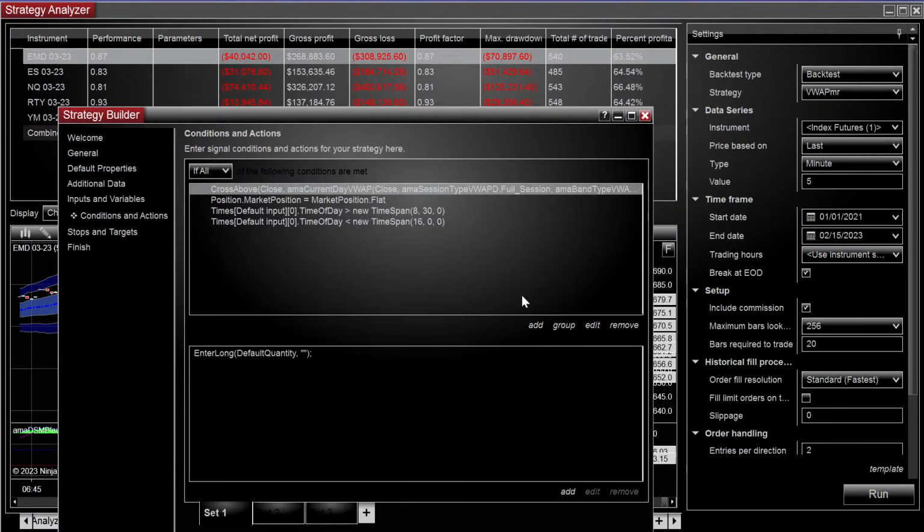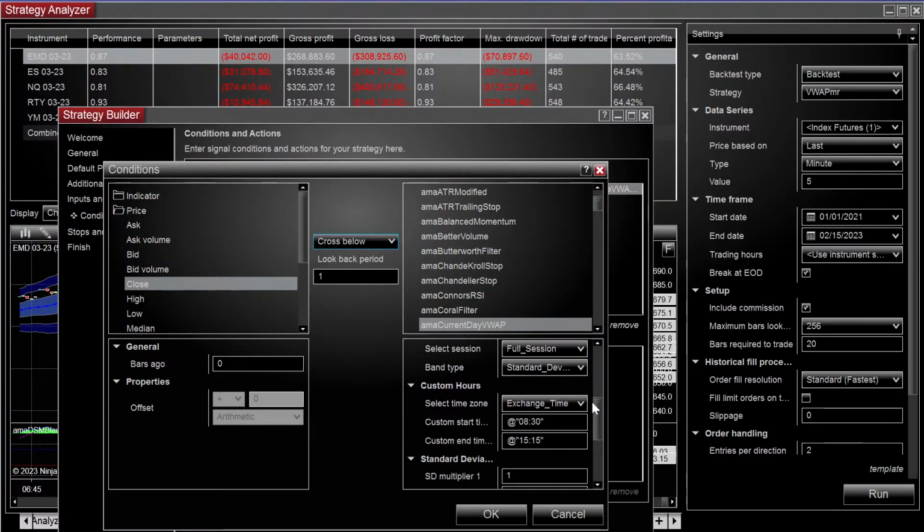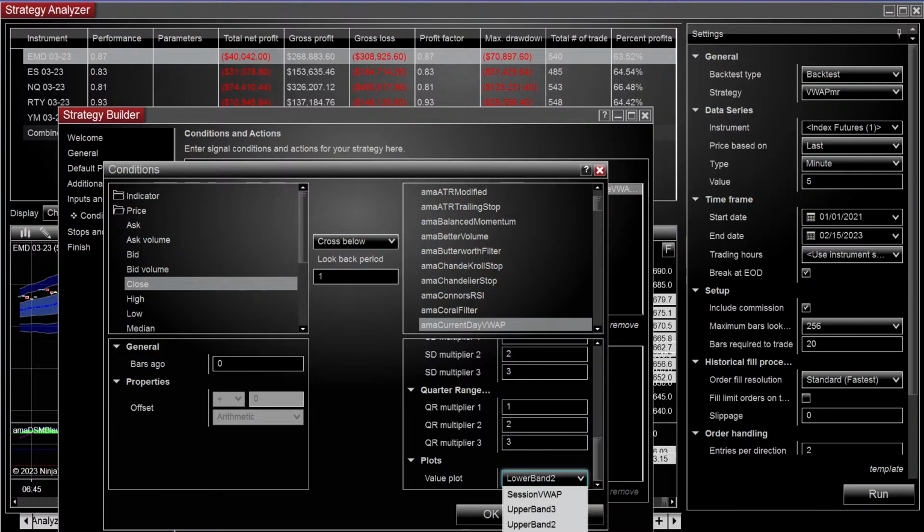Choose the other VWAP band, so price closes. Let's do cross below, lower band 1.